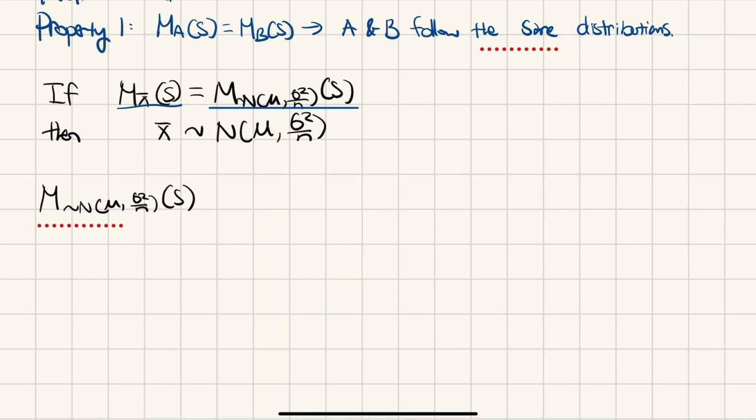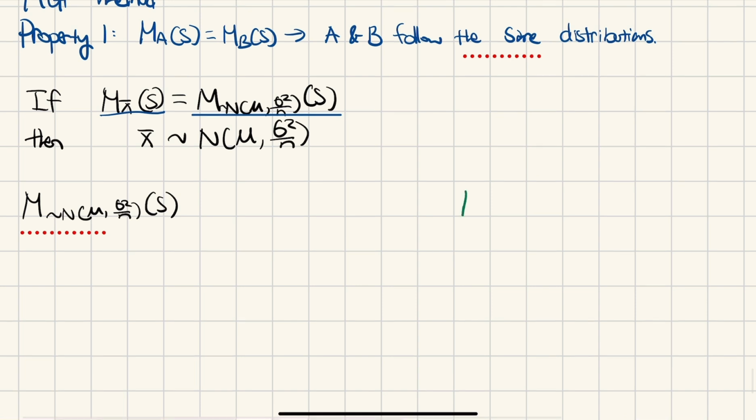So let me remind you of the moment generating function of a normally distributed random variable. It is e to the mu s plus sigma squared over 2 times s squared.